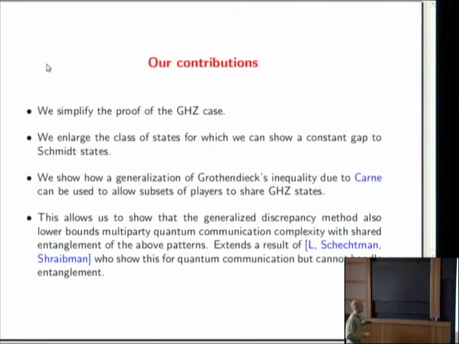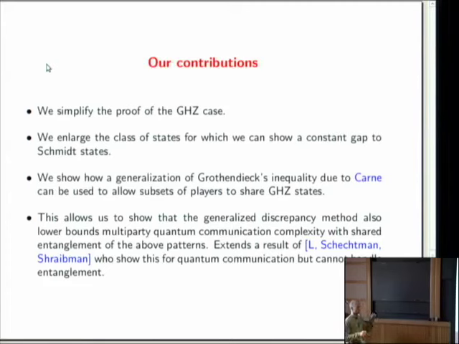Right. So I guess I should speed up. Basically, what we do is we reprove this special case of the GHZ state, which I'll talk about in a minute, and we can enlarge the class of states for which you can show a constant gap. Then we show how another generalization of Grothendieck's inequality lets you combine these things, so you can allow various subsets of players to be sharing entanglement.